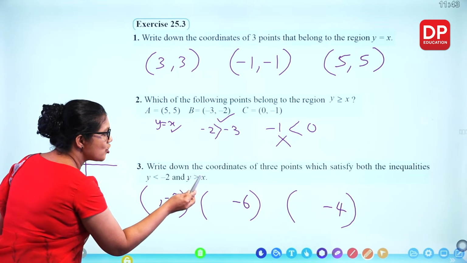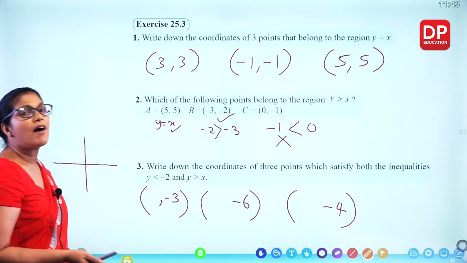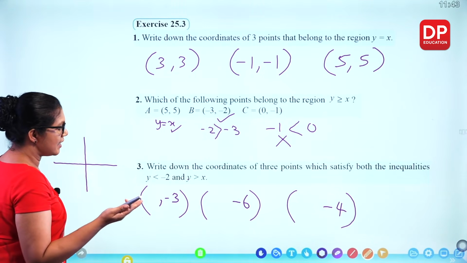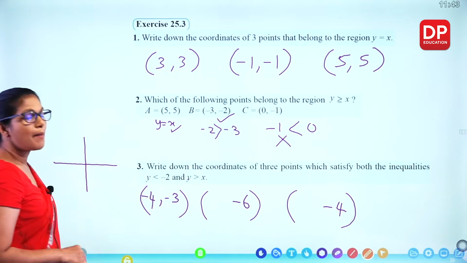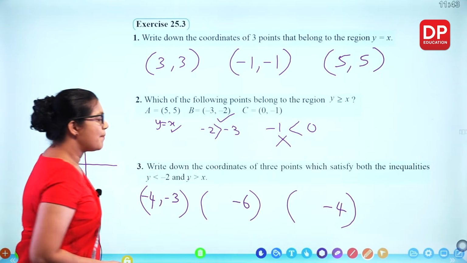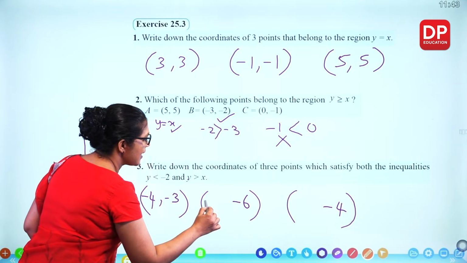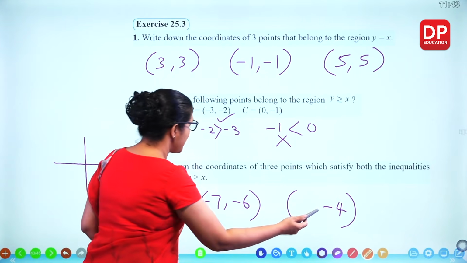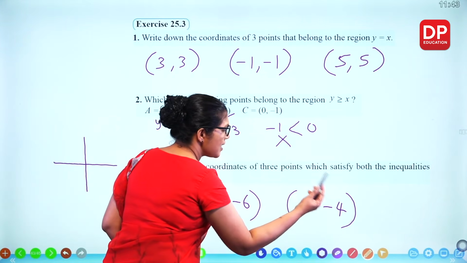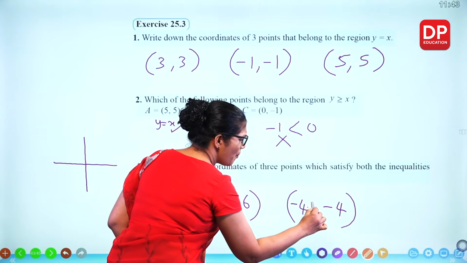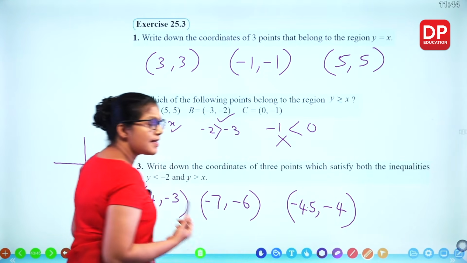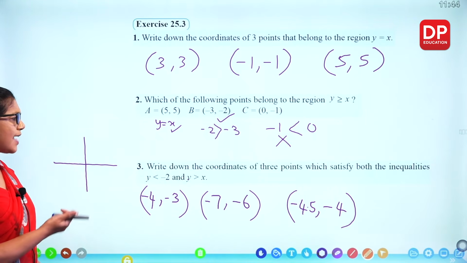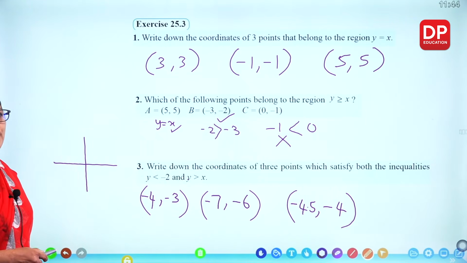The x value should be less than the y value as well. So for any number less than -3, I can write -4. Any number less than -6, I can write -7. Any number less than -4, I can write -4.5 as well. Any decimal value or a whole number. So these are the 3 points that satisfy both these two inequalities.